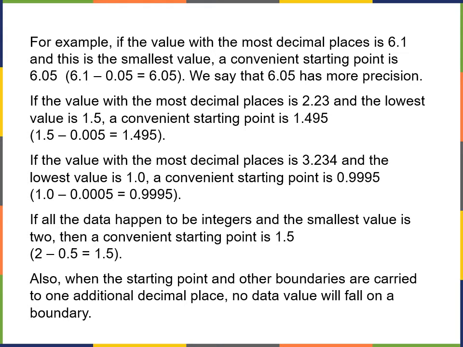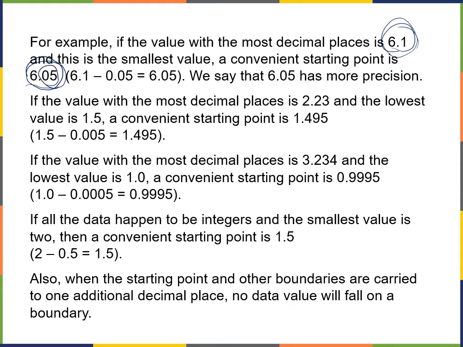So let's say 6.1 is a data value, and that had the most decimal places of any of your data values, and it's also the smallest data value. Well, we would like to essentially use two decimal places to ensure that we could get this data value in the first class, and all the other data values won't fall in between classes. So think of having maybe a starting point of 6.05.